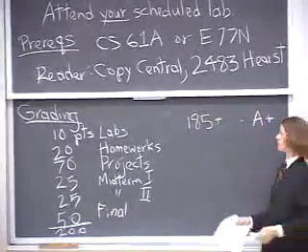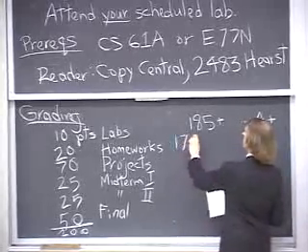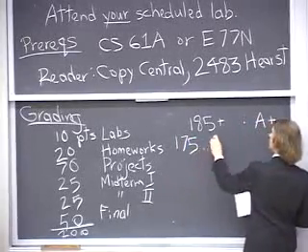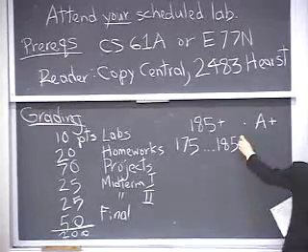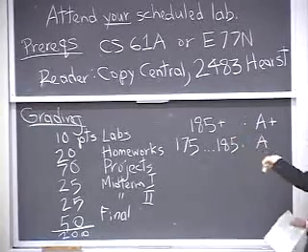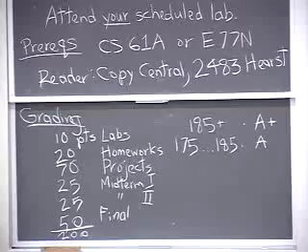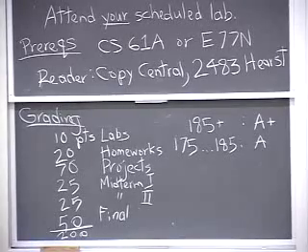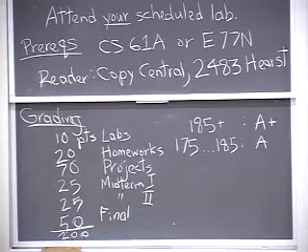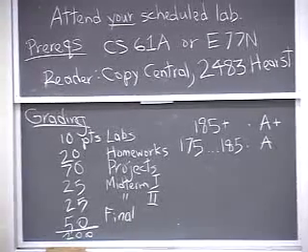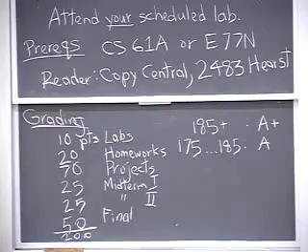If you get just under 185, but over 175, you get an A. And it continues downward in 10-point increments all the way down to D-, and then if you don't manage a D-, you fail. So there's actually a chart in your course overview that you've been handed out that will map all of the grades for you.